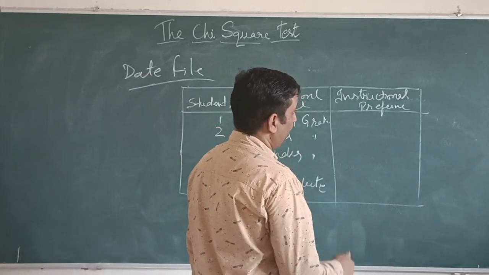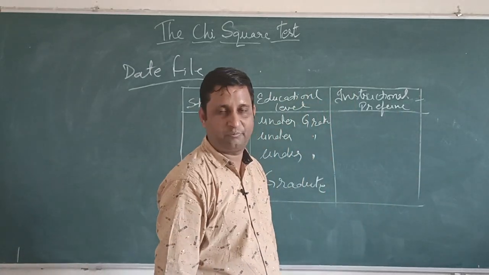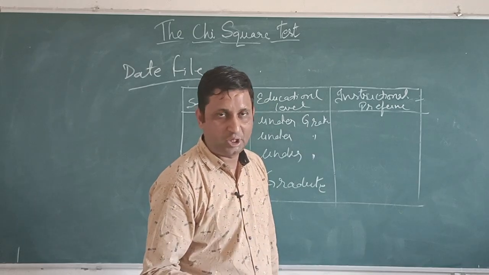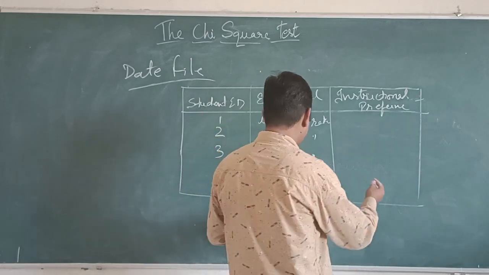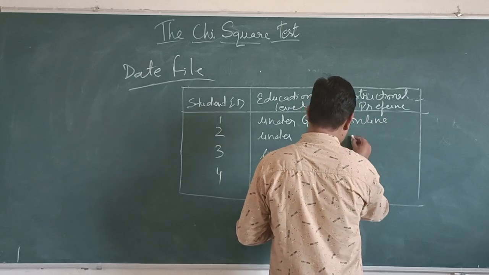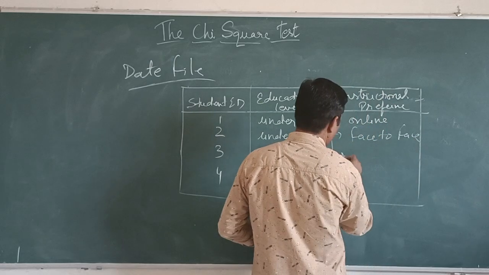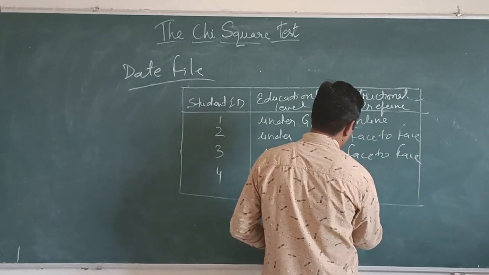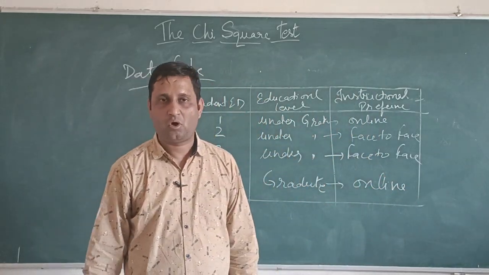Okay. Now, in the next column we will show the instructional preference, because we already said we will use two methods. First one is online, second one is face to face. So we will fill in here how we interact with each candidate. Suppose we interact with this one online, here face to face, and this candidate online.